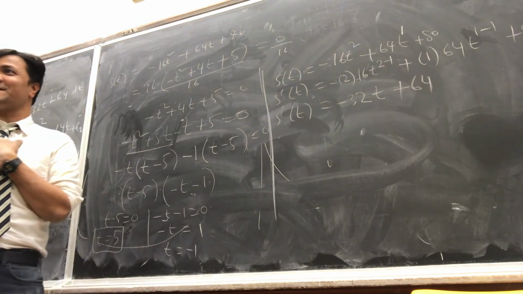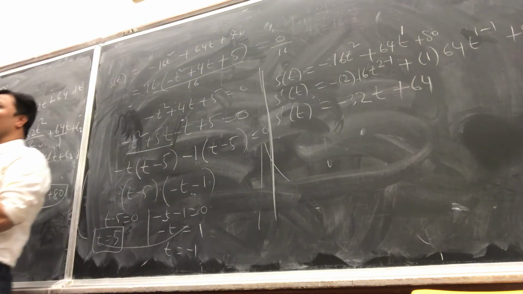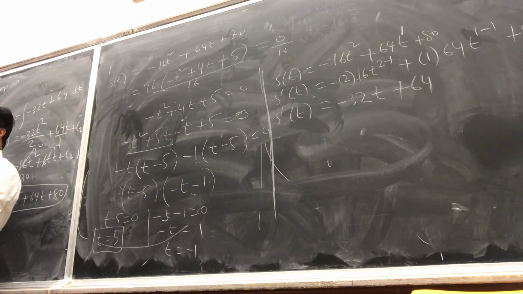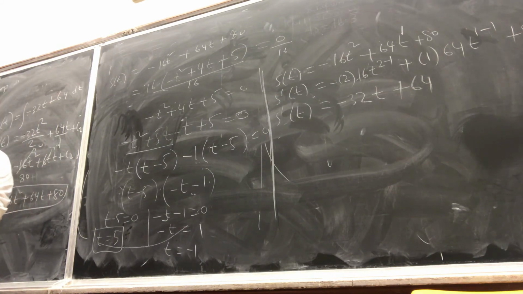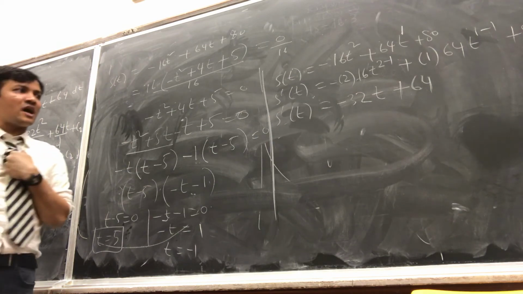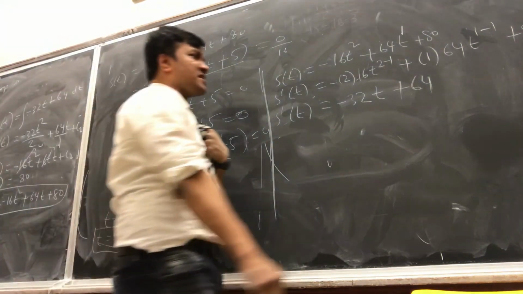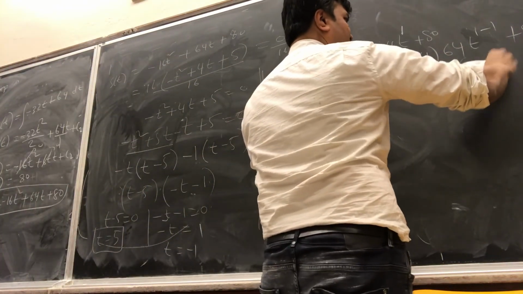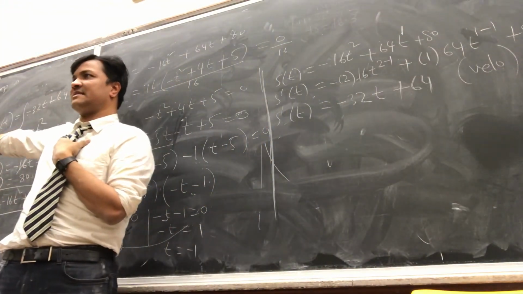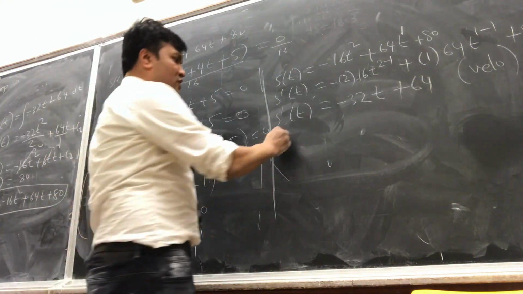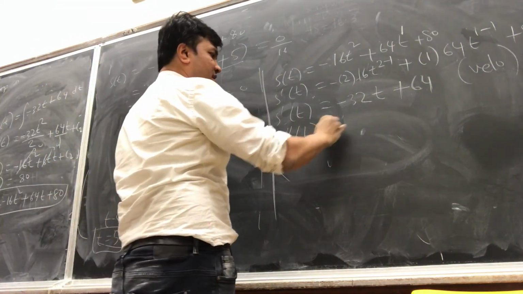So we went backward, and now we are moving forward and seeing what we saw before. Now what function is this? Velocity function. Now the next question asks us to find what? Acceleration function. So what is the acceleration function? Can someone tell me?